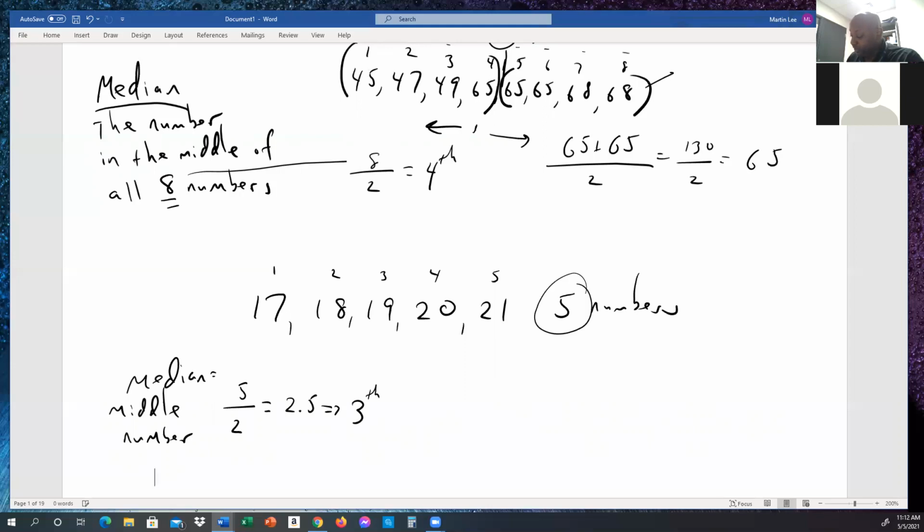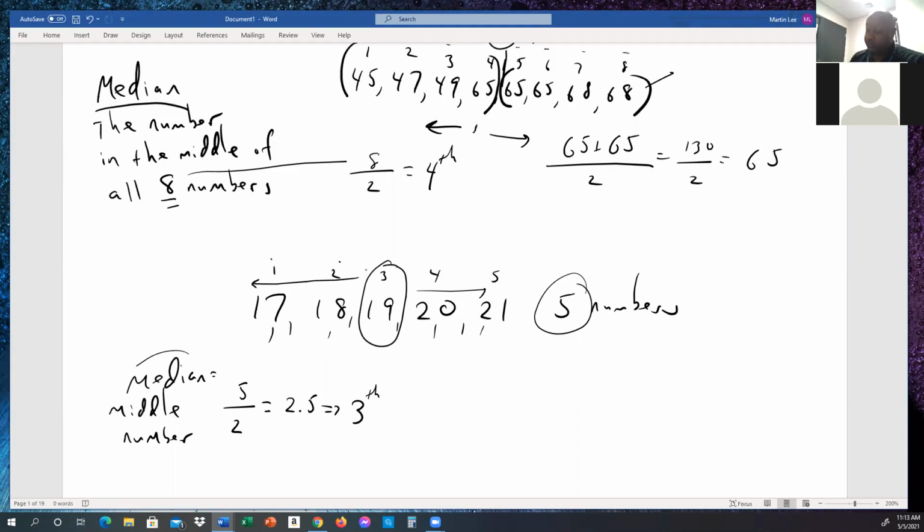So that means my third number, 1, 2, 3, is going to be my median, because to the left of the circled number I have 2 numbers, 1, 2, and to the right of it I have 2 numbers, 1, 2.